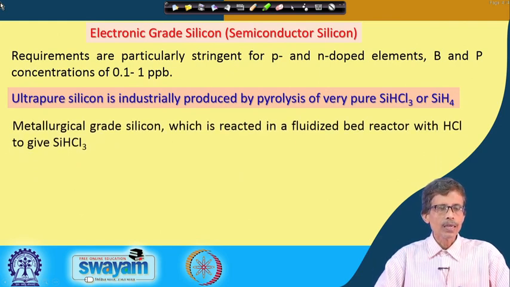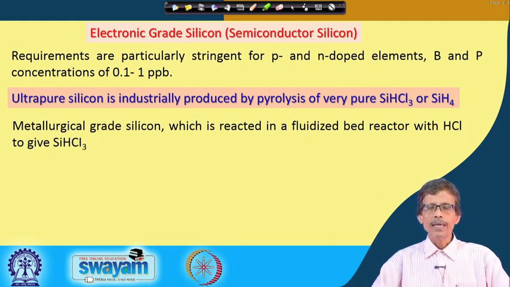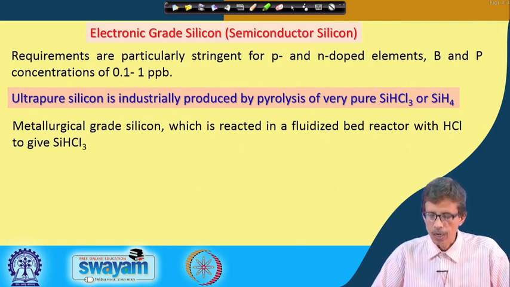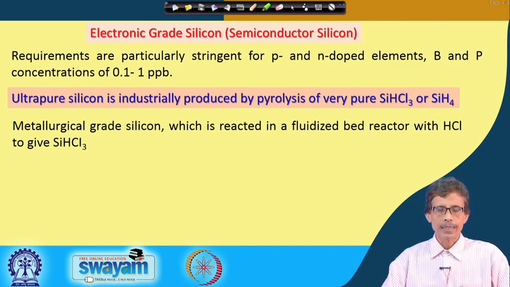Then, apart from this electronic grade silicon, we can get the metallurgical grade silicon, which is reacted in a fluidized bed reactor with hydrochloric acid to give SiHCl3. So, metallurgical grade silicon, which is not very pure, we can treat in a fluidized bed reactor with hydrogen chloride, whether as hydrogen chloride gas or as hydrochloric acid liquid, to give SiHCl3.